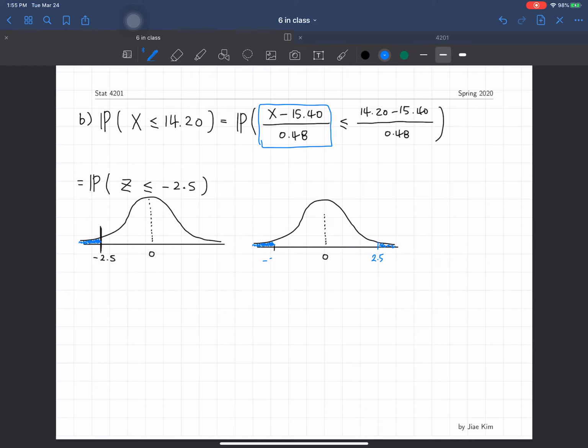Because of the symmetry, the probability of Z being less than negative 2.5 is exactly the same as the probability of Z being greater than 2.5. Why am I doing this? Because we can easily read the probability of Z being between 0 and 2.5.